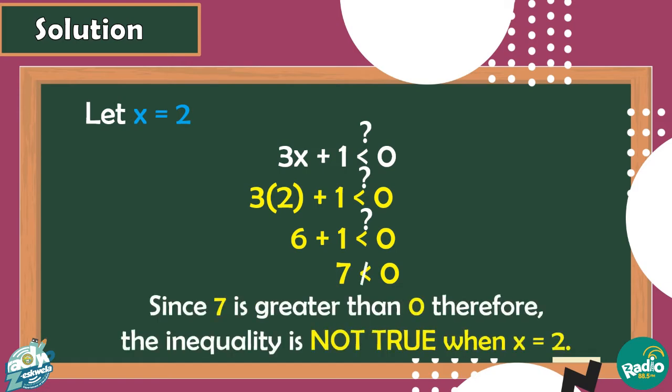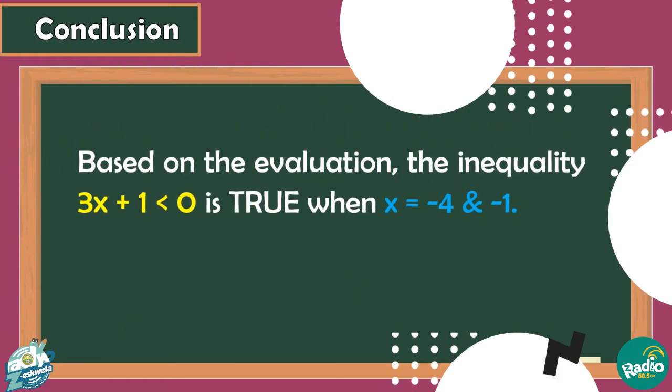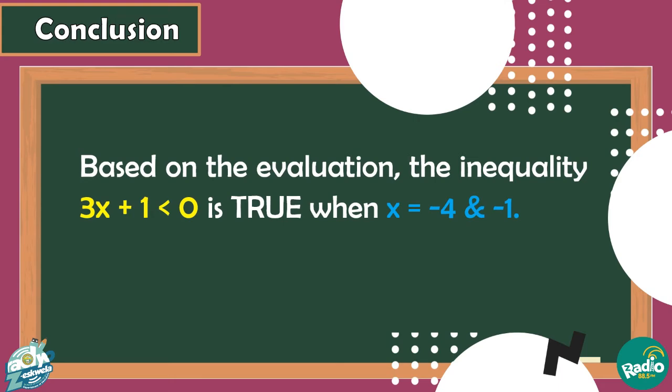Since 7 is greater than 0, therefore, the inequality is not true when x = 2. Based on our evaluation, the inequality 3x + 1 < 0 is true when x = -4 and -1.